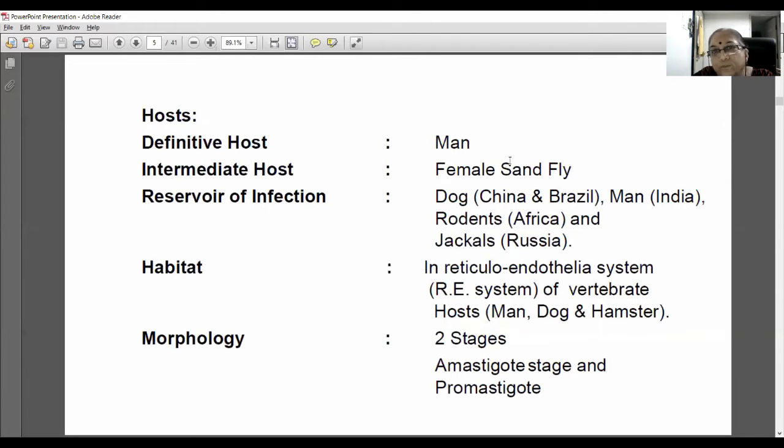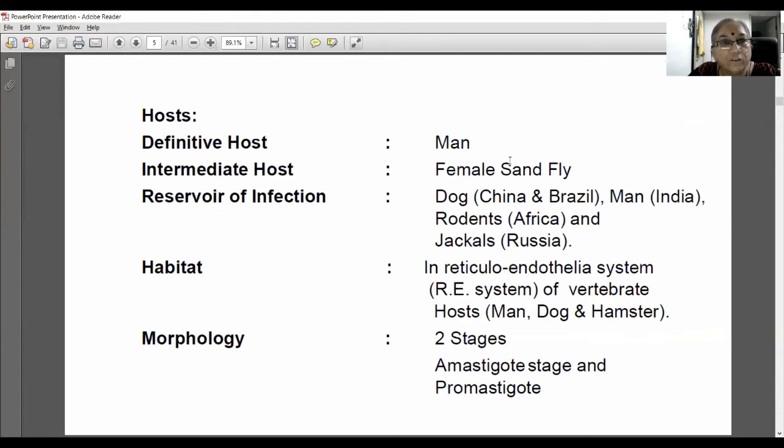The definitive host is man, the intermediate host is the female sandfly. Reservoir of infection can be dog. In China and Brazil, you will see dog as the reservoir. In India, man is the reservoir. In Africa, rodents. And in Russia, it is jackals.